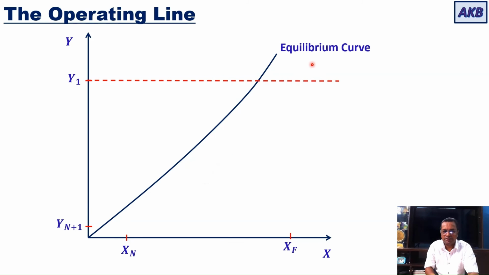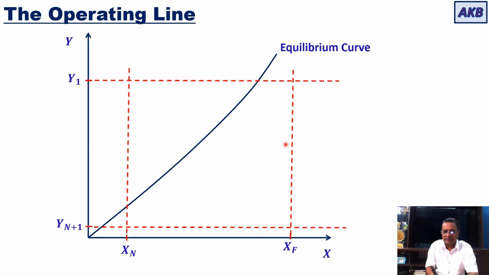So, I will just draw these dashed lines for our reference. Now, let us look at this point. What are the coordinates of this point? The coordinates are xf, y1. So this point represents the end where feed is entering into the cascade.